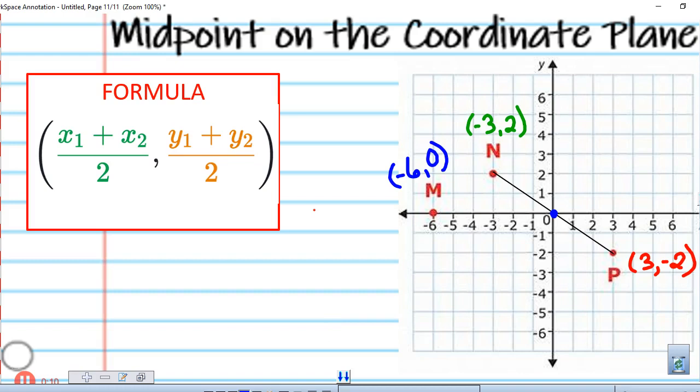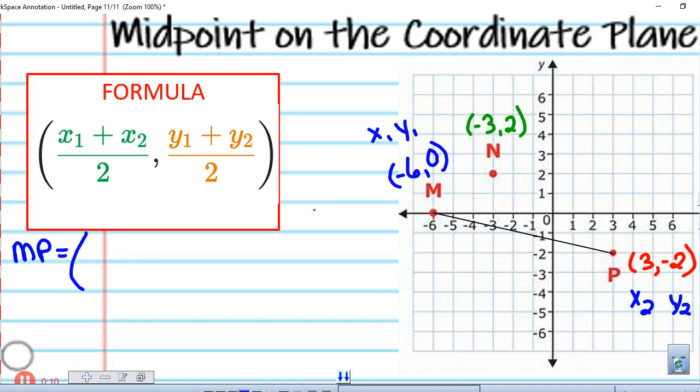Okay, our last one. Let's find the midpoint of the line MP. We got to get rid of this line. Okay, we're finding the line MP, from M to P. We can call this x sub 1, y sub 1, and we'll call this one x sub 2, y sub 2.